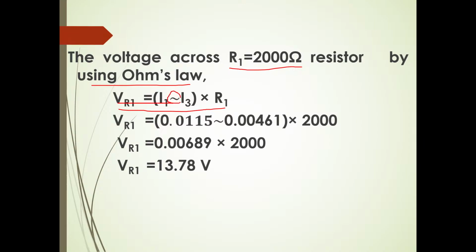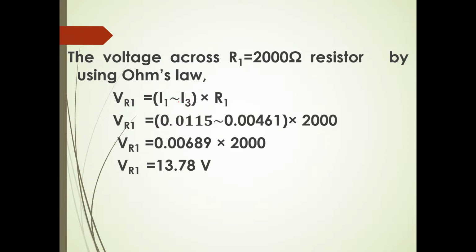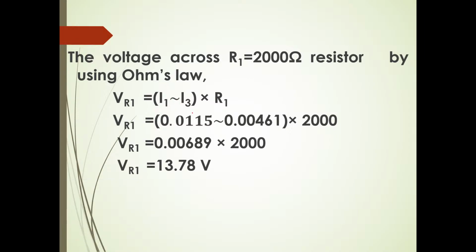This symbol is not minus, it is the difference symbol. You can write either I1 minus I3 or I3 minus I1. So VR1 is equal to (I1 difference I3) into R1.